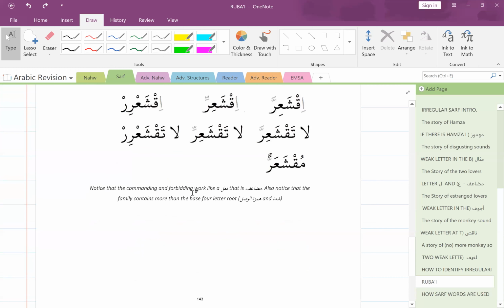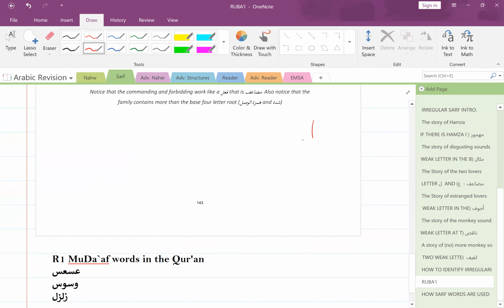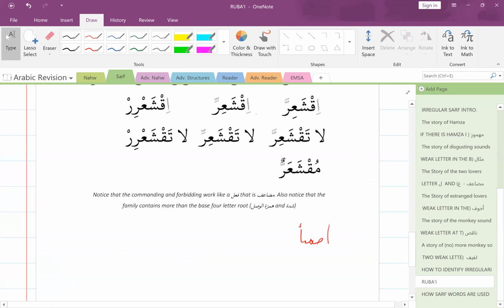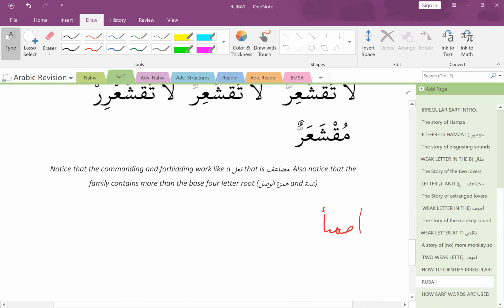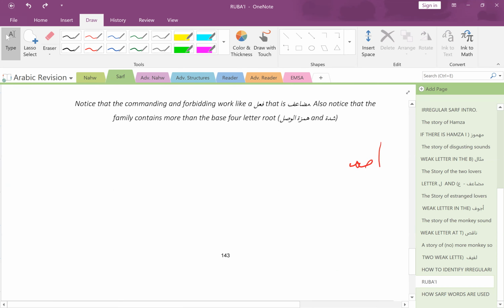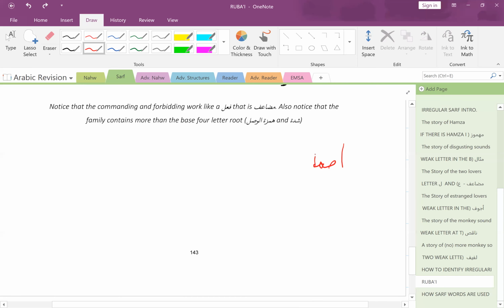Itma'anna as well. So when you look at itma'anna, for example, so you have itma'anna. The first alif is part of the container, so we leave that.